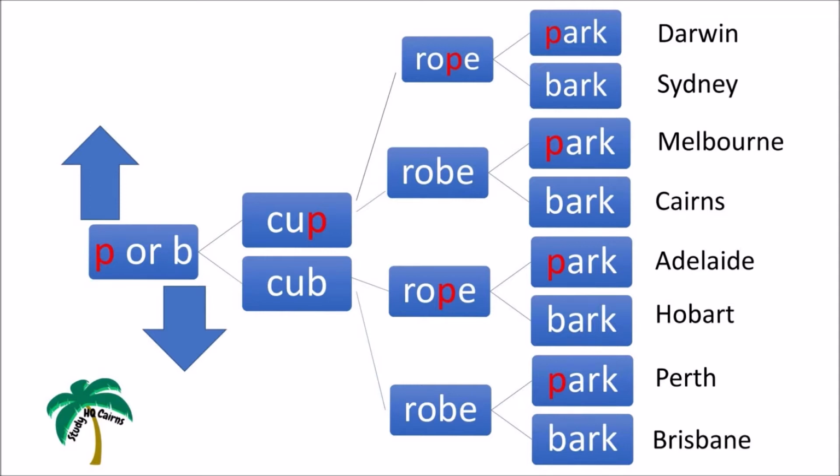If you hear the B sound, you go down. For example, if all the sounds were the P sound, I would say cup, rope, park, and we would end up in Darwin.